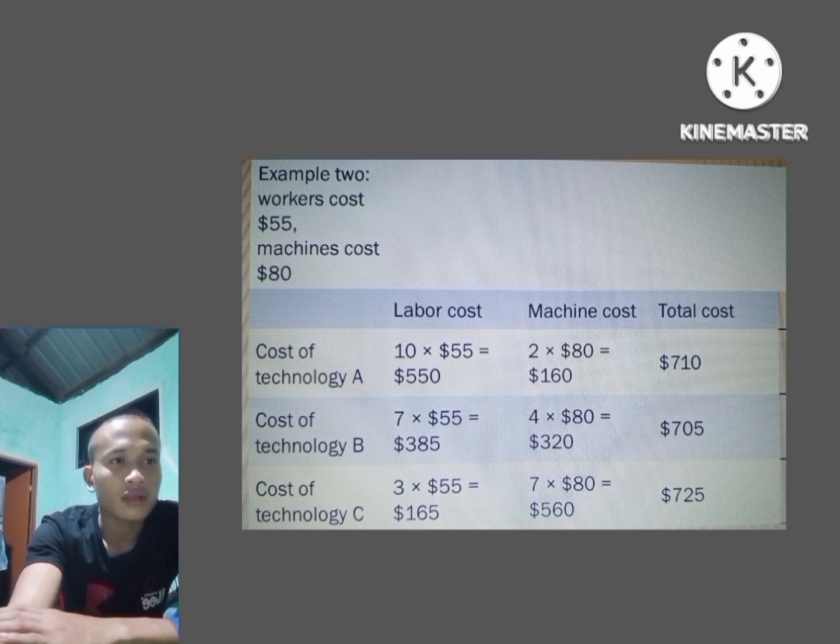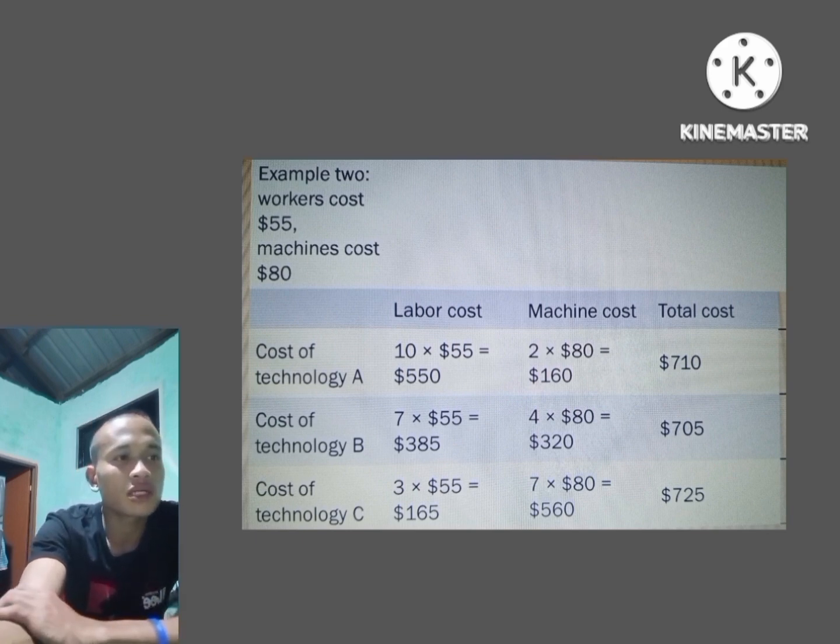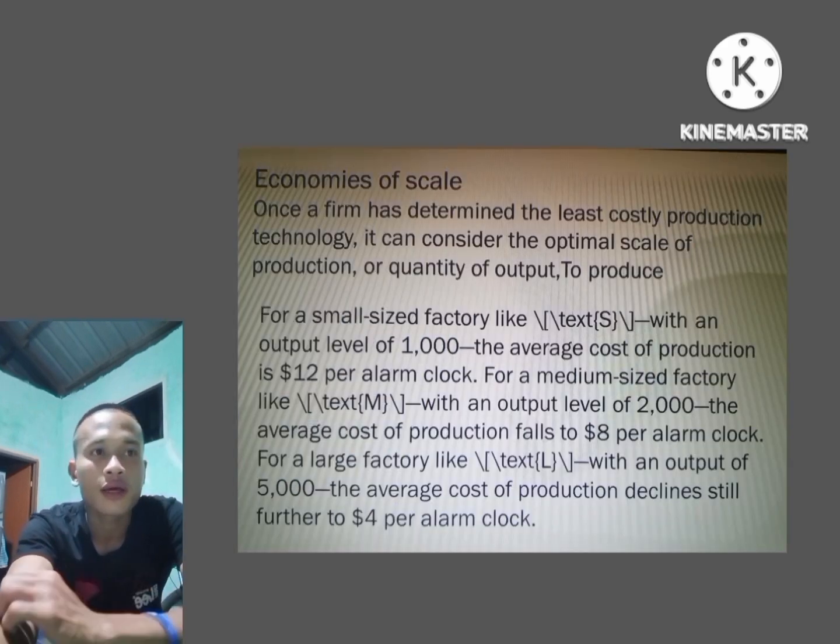Then add the labor cost and machine cost: $165 labor cost plus $560 machine cost. So the total cost is $725.